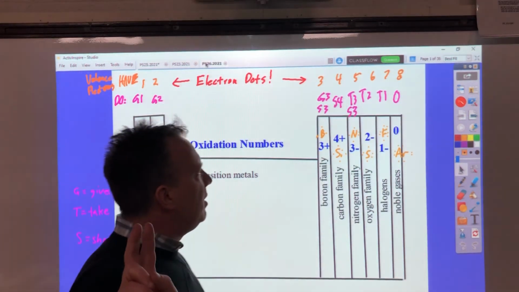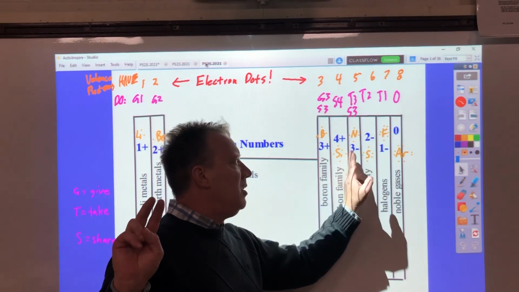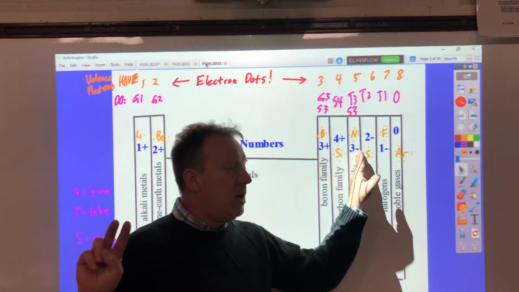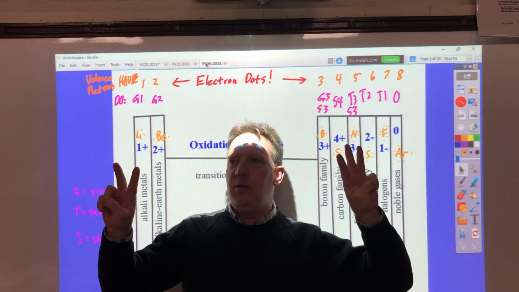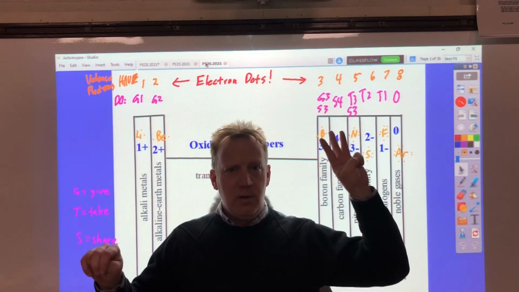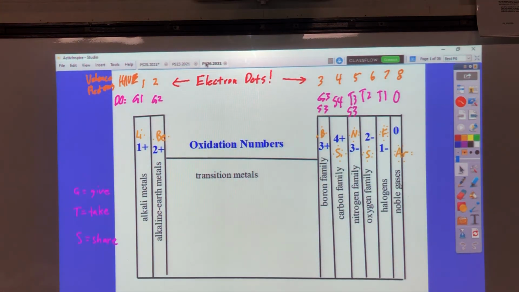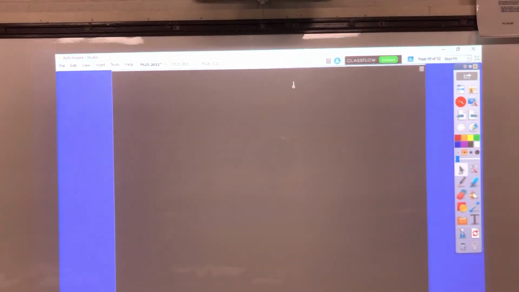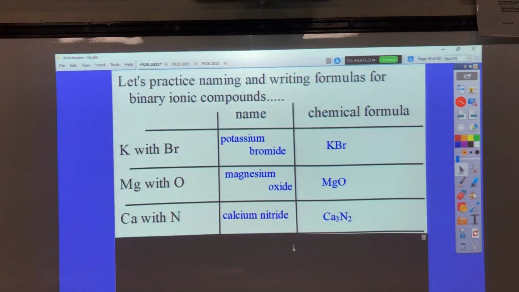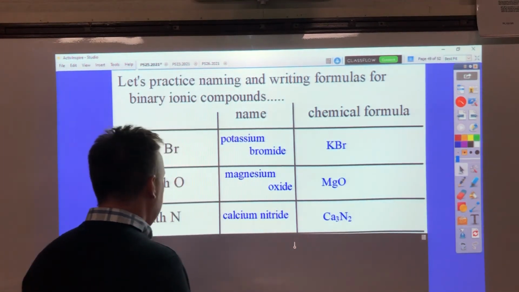So calcium was giving 2, combining with N, that takes 3 valence electrons. Oxidation number 3 minus. How do you match 2 with 3? You have to move 6. 3 sets of 2, 2 sets of 3. So there's 3 calciums, 2 nitrogen. And the name is calcium nitride, Ca3N2.